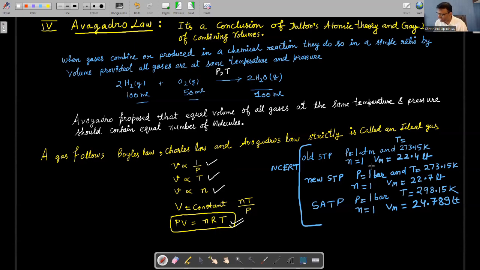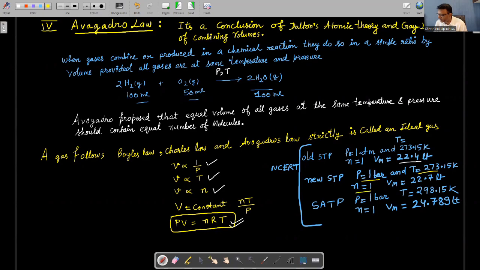Now we have already discussed that according to the old STP condition, the standard pressure is 1 atm and temperature is 273.15 Kelvin. So 1 mole of an ideal gas according to old STP has a volume of 22.4 liters. In the same way, under the new STP condition, we can say that pressure is equal to 1 bar and temperature is equal to 273.15 Kelvin.